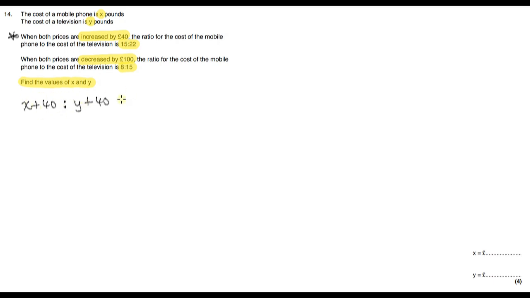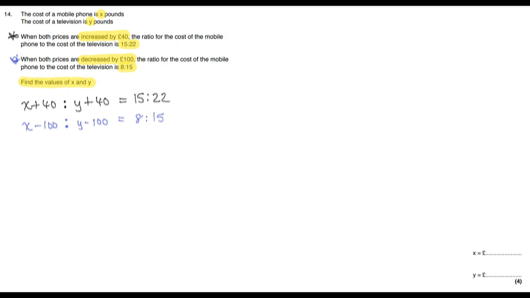So this ratio is equal to 15 to 22. And now let's look at the other statement. This time when both prices are decreased by £100, that's going to be X minus 100. So the ratio of that to Y minus 100 is going to be 8 to 15.